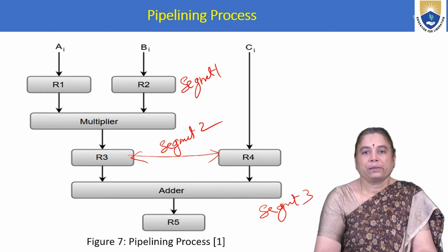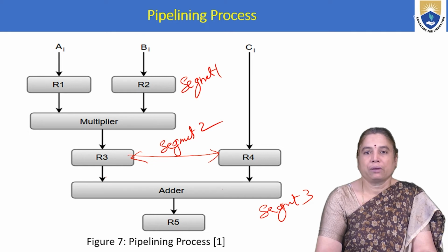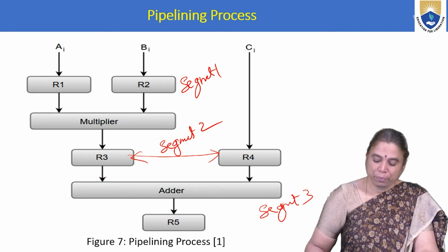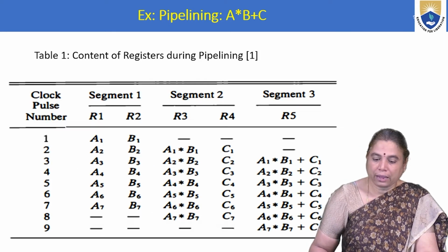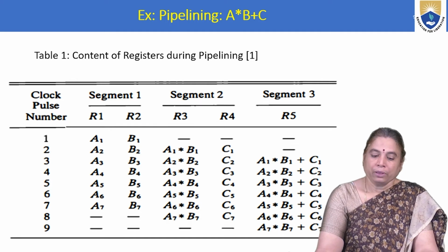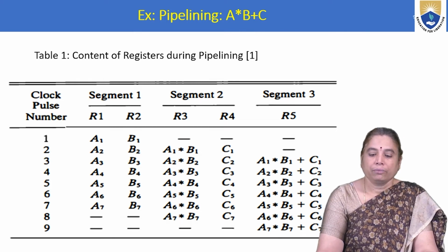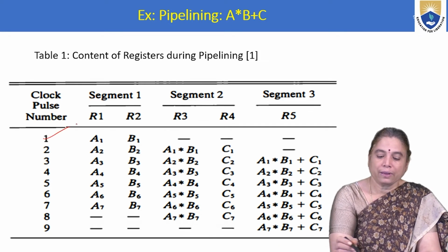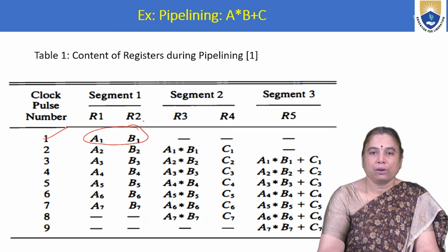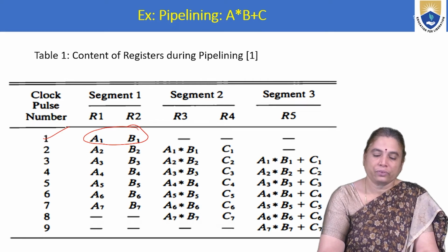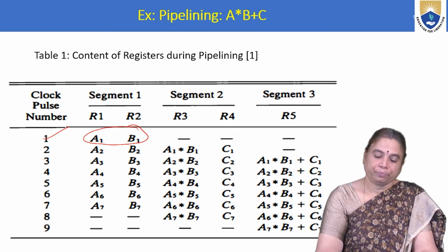How the overlap execution can be carried out with the pipelining process can be pictorially represented with the timing diagram. So the clock pulse number and how the segments are carried out can be illustrated with the timing diagram. Here this is clock pulse one. During that, the first segment operation, loading Ai, Bi to the corresponding registers, is performed.